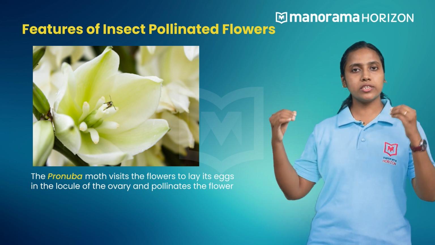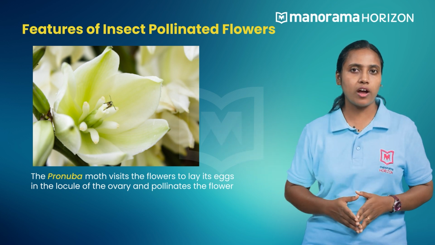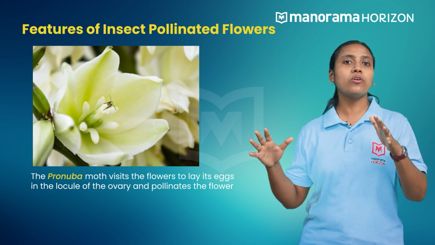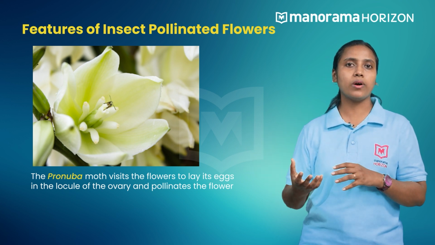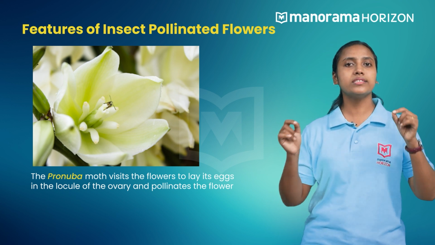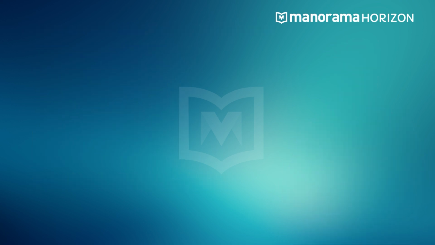As the pollen-laden moth visits another yucca flower, pollination occurs. Here, the hatching of the egg to release the larva and the production of seed by pollinated yucca flowers occur at the same time. Let me tell you an interesting fact here.